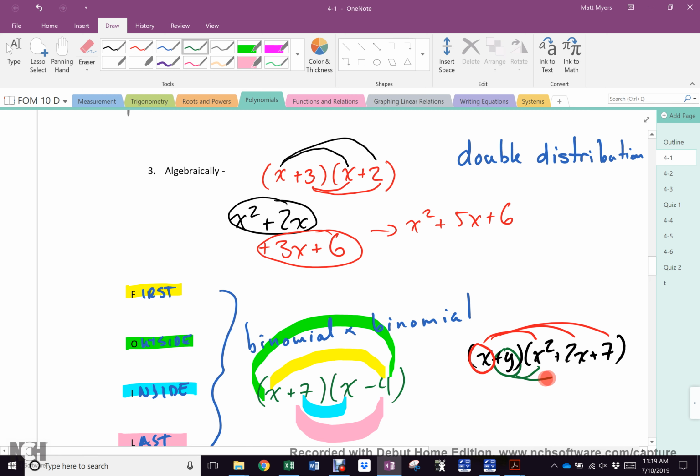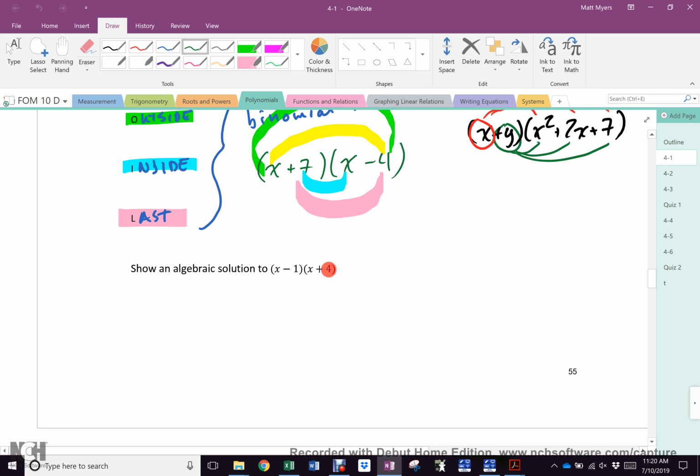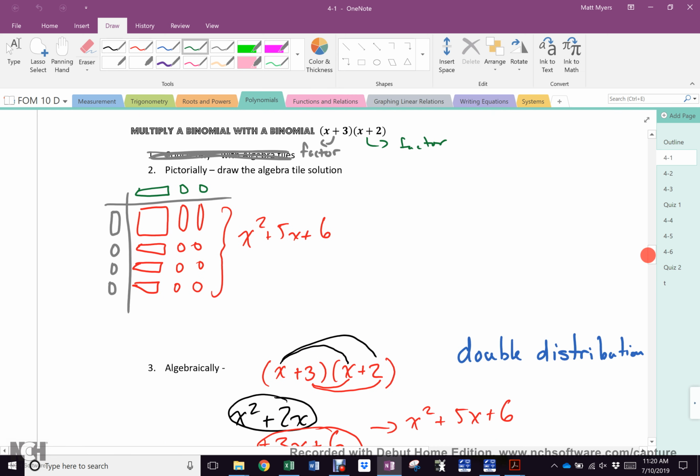Now, hopefully your teachers helped you out by giving you a shortcut to FOIL. And that shortcut is very simple. You will notice in this question, what do you know about positive 2 and positive 3 in relation to 5 and 6? You add them to get 5, multiply them to get 6.